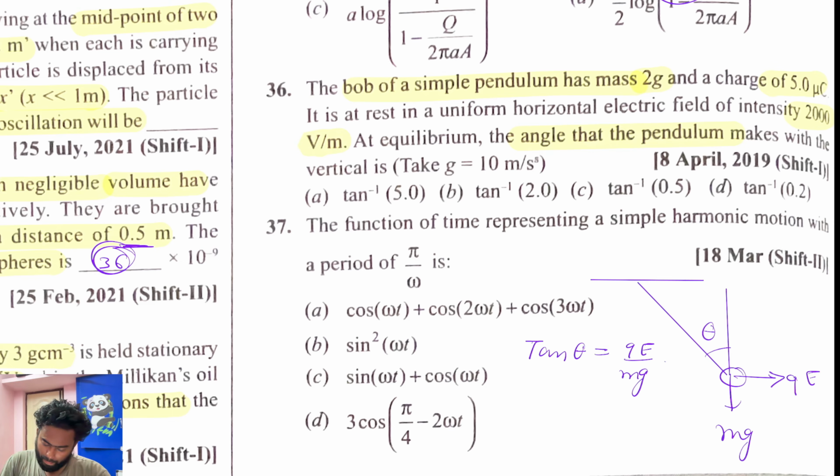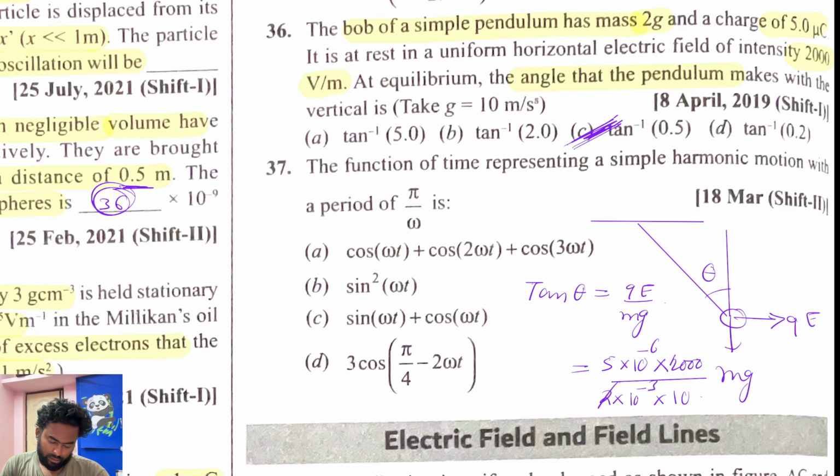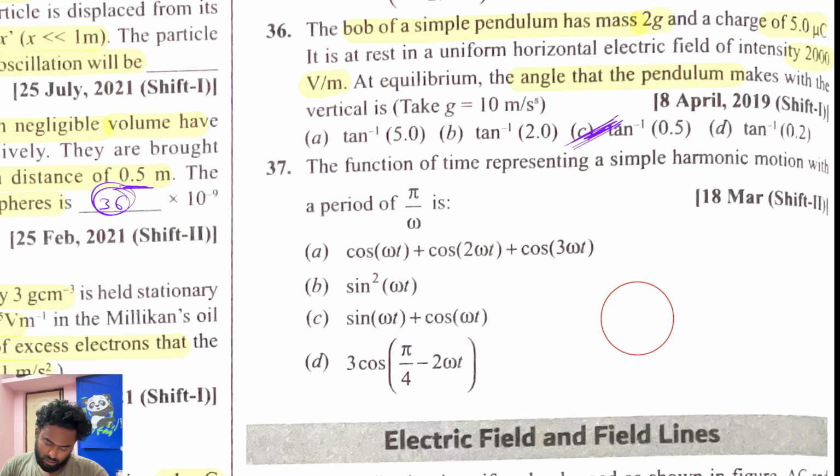Putting in the values: Q is 5 times 10 power minus 6, electric field 2000, upon mass 2 times 10 power minus 3 times 10. The 2 cancels, 10 power minus 3 and 10 power 3 cancel, giving 0.5. So tan inverse 0.5, that is the answer.